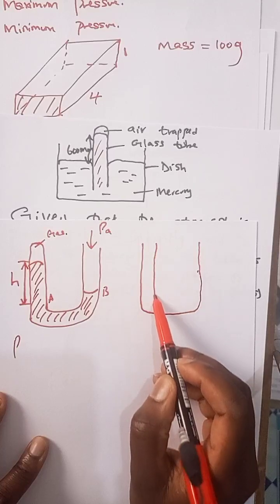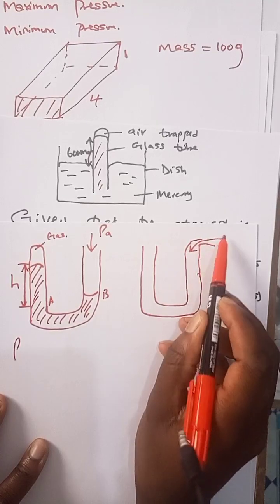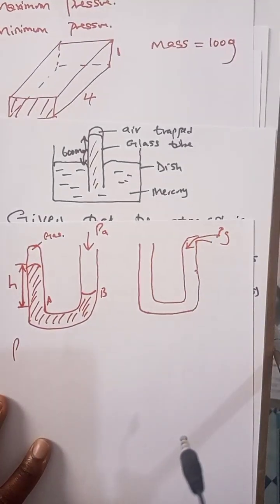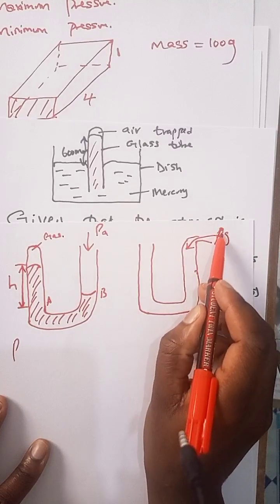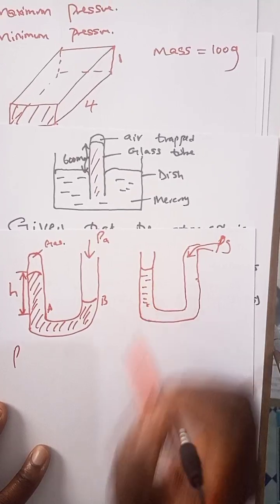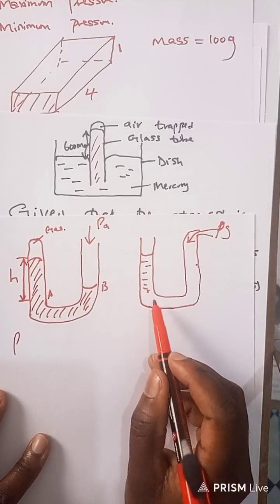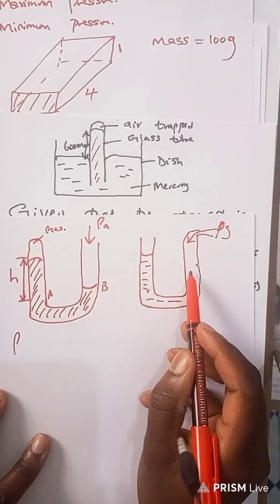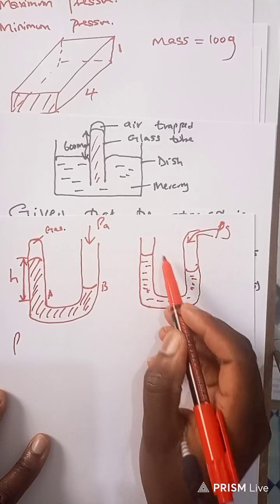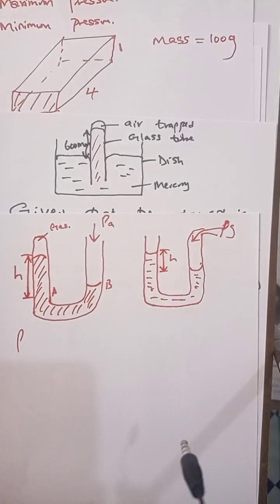So when the manometer is open, here we have the pressure PG, this part is open, and then we have a liquid reaching there, and then we have this height. So those questions are answered differently. Why?